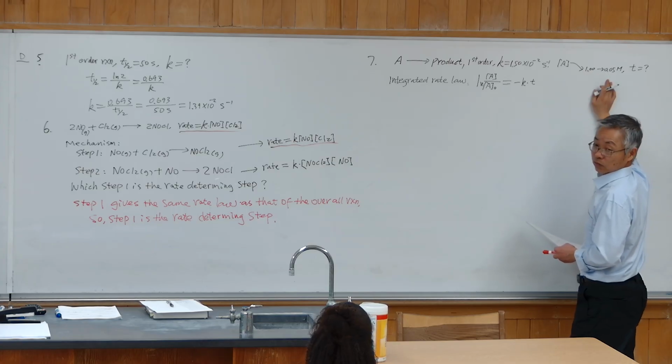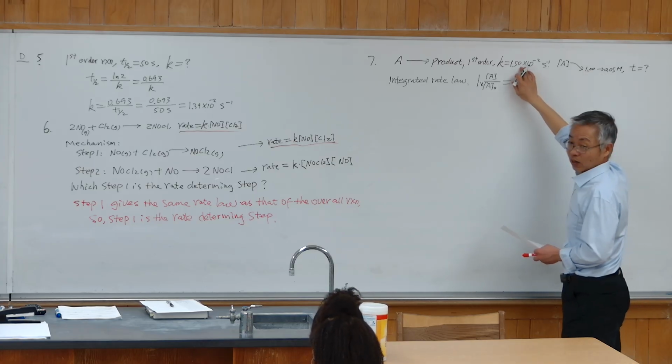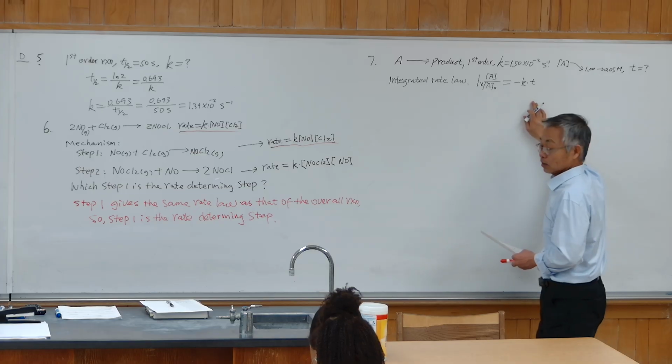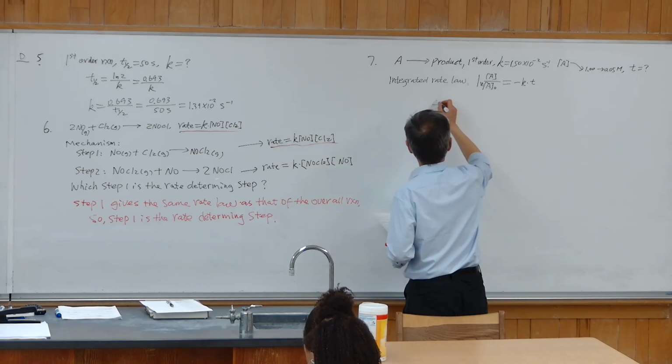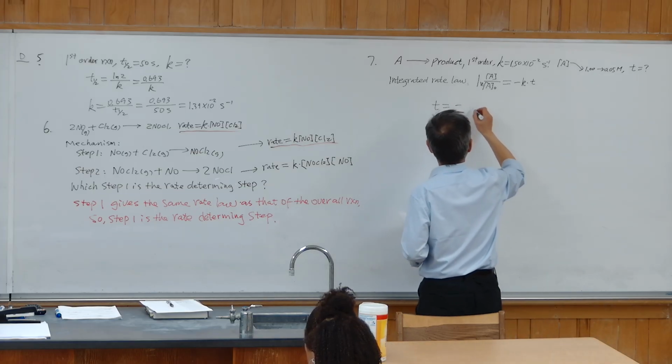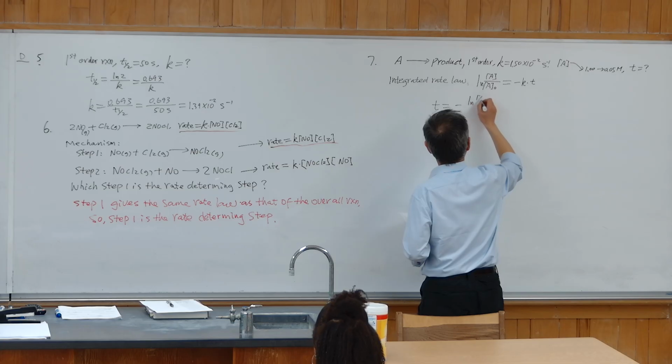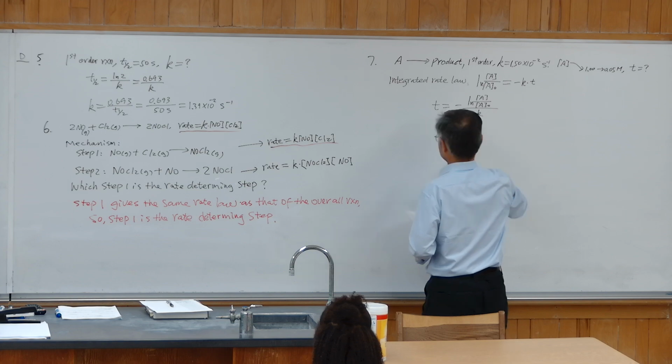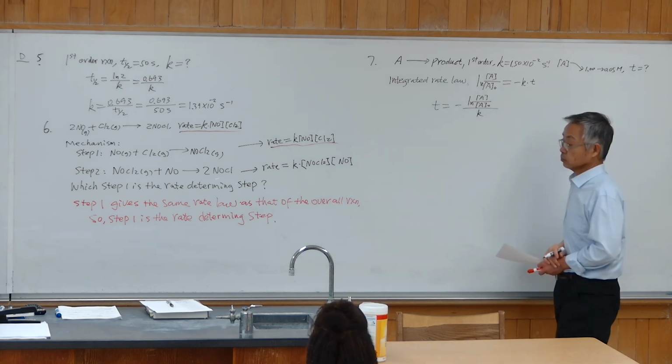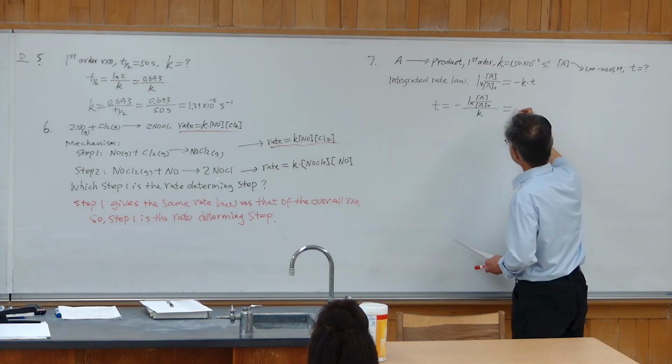These two are known values, and K is a known value. Can you solve for T? Yeah. Solving for T, it should equal negative natural log of A over A0 divided by K. Right? Now just plug in the numbers.